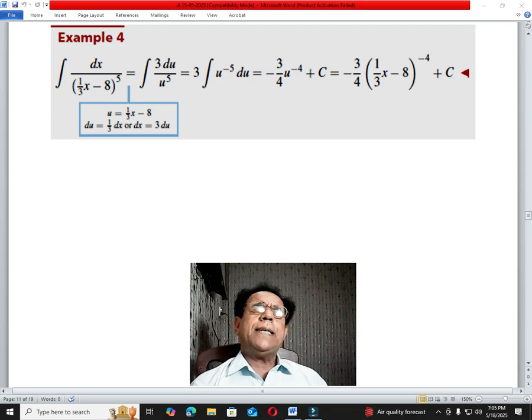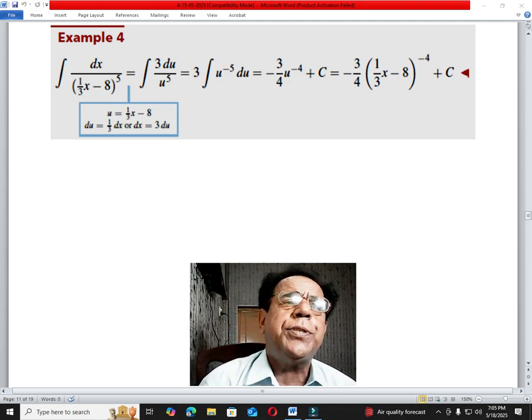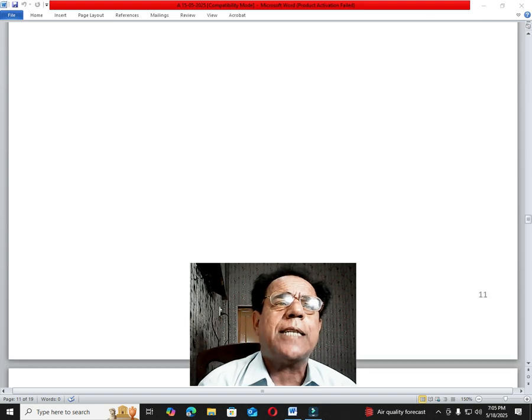So to this extent our problem is solved, but the only thing remaining is that here we will once again substitute u by its original value, that is to say 1 by 3x minus 8.